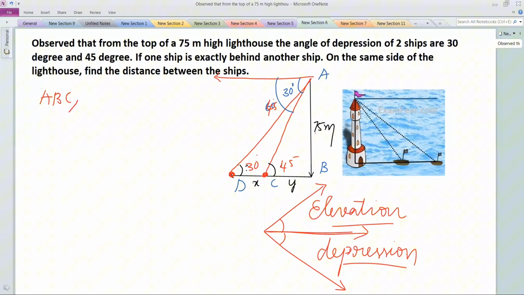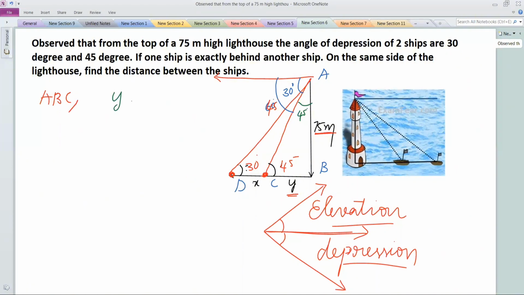See here, this is the opposite side, this is the adjacent. Again, the related thing is opposite and adjacent. Already you know that the sides opposite to equal angles are equal. If this is 45, this also will be 45. Both angles being 45, you can directly write y is equal to 75.